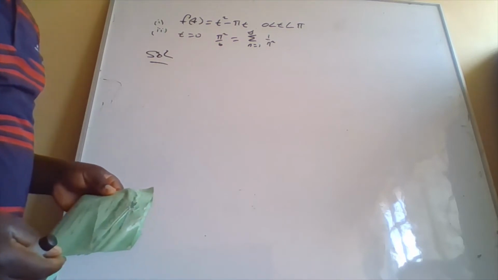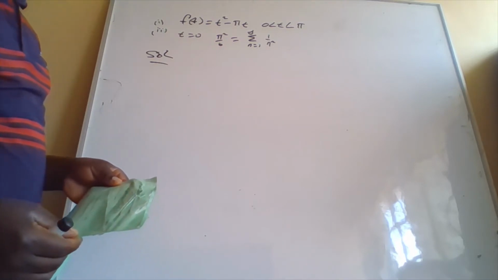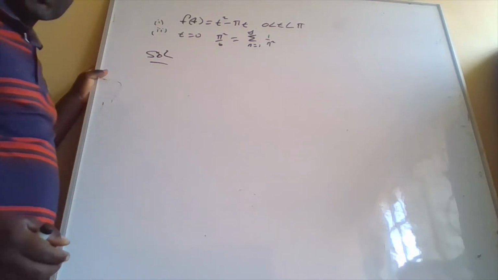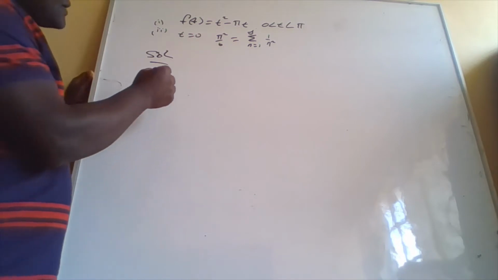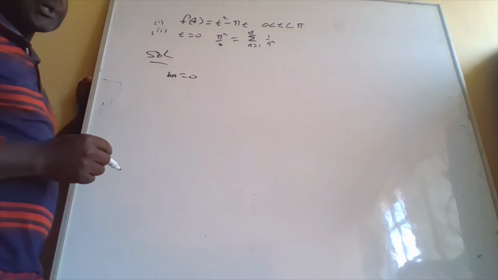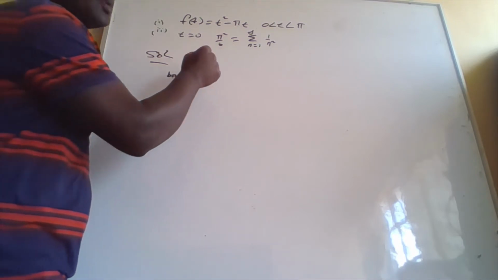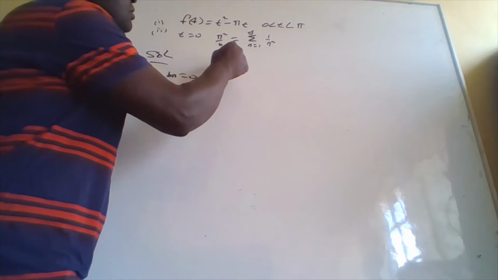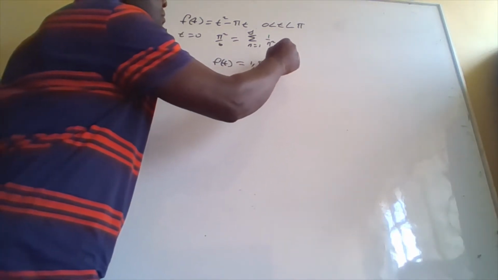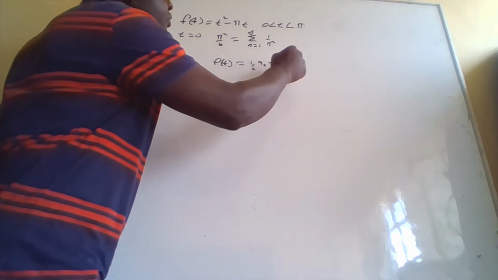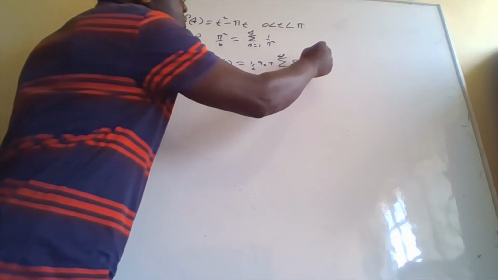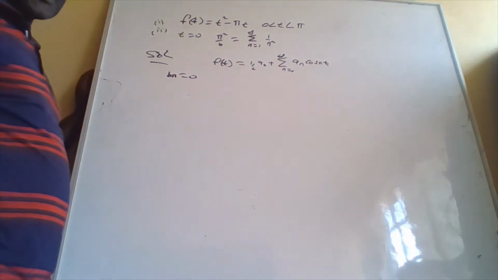Solution. Now they are saying that we determine a half-range Fourier cosine series. When they talk of a half-range cosine series, it means that b_n is equal to 0, so that our series therefore shall be that.